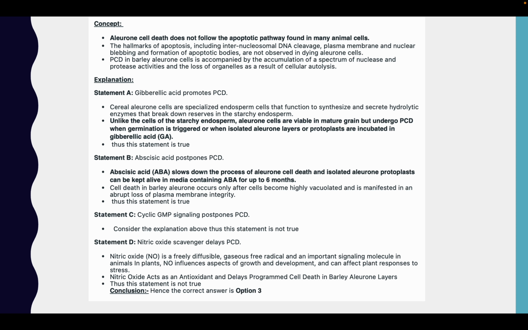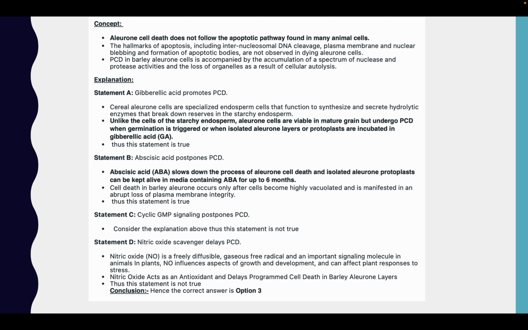The features are different regarding apoptosis. Apoptosis in aleurone cells will lead to a spectrum of nuclease and protease activity. They will not lead to DNA cleavage or plasma membrane and nuclear blebbing.